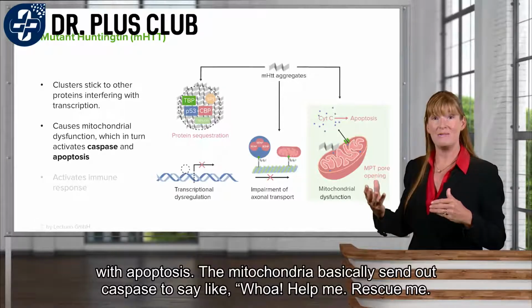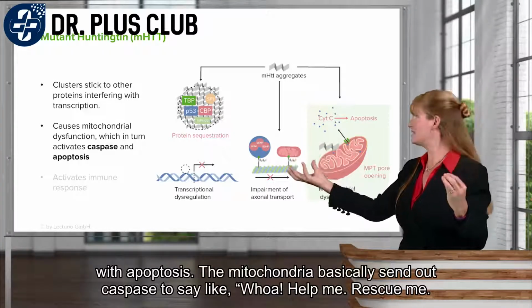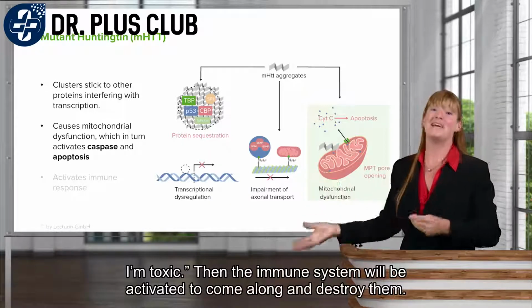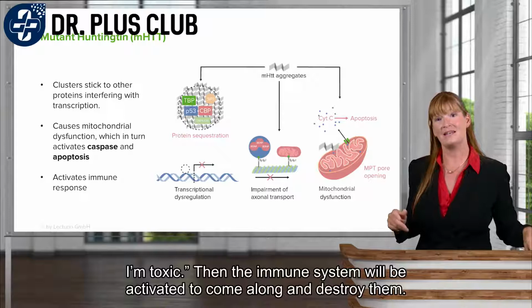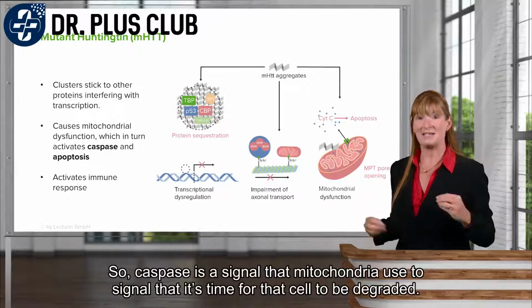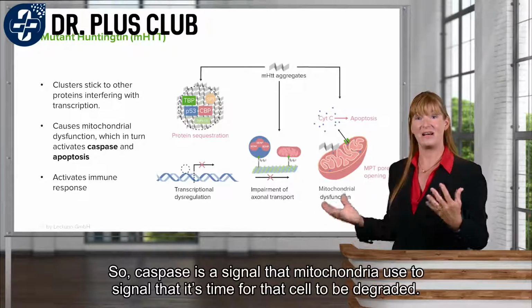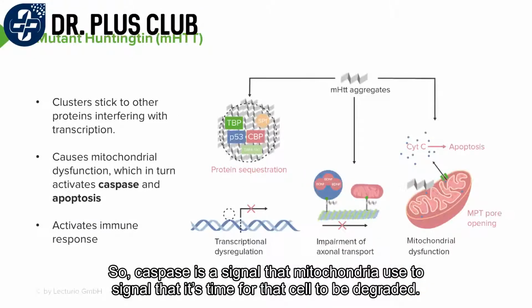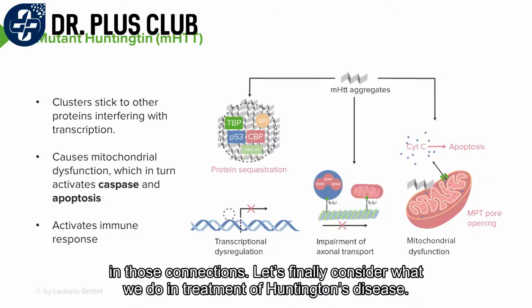The mitochondria basically send out caspase to say, like, whoa, help me, rescue me, I'm toxic. And so then the immune system will be activated to come along and destroy them. So caspase is a signal that mitochondria use to signal that it's time for that cell to be degraded. So that would be a great explanation of why we see the neurons actually being destroyed in those connections.